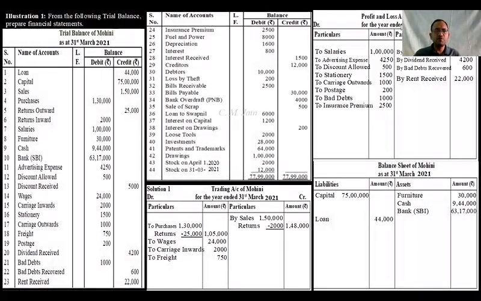Then we are given fuel and power. Fuel and power are used in factory, so it's a direct expense. It will come in trading account debit side, to fuel and power 8,000.